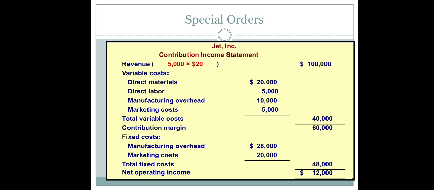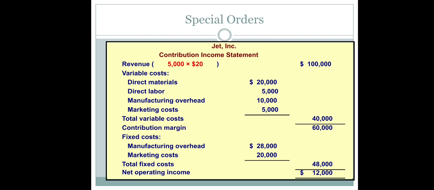Now the company is producing only 5,000 units of product. So let's say revenue is $100,000. How do we get $100,000? 5,000 units produced times $20 per unit, so $100,000. The variable costs are direct material, direct labor, manufacturing overhead, and marketing cost.